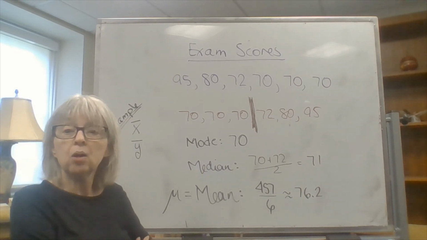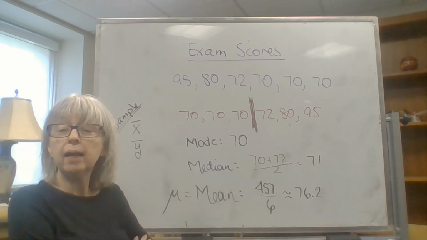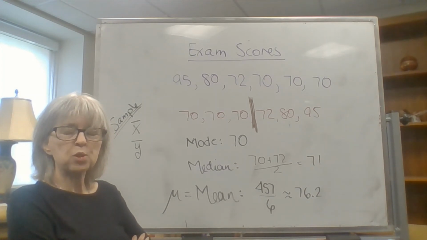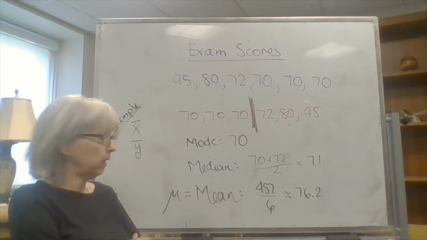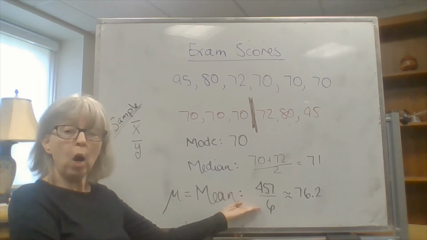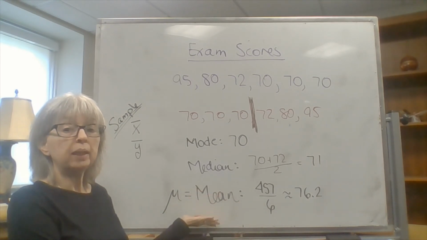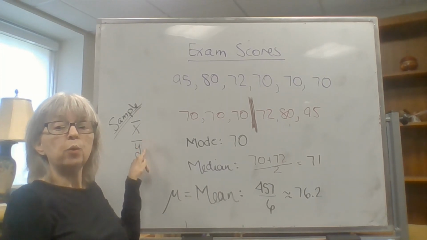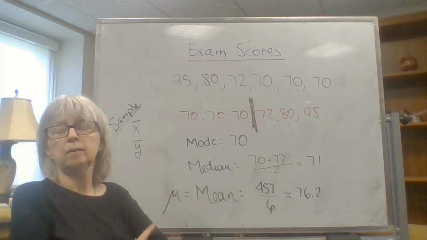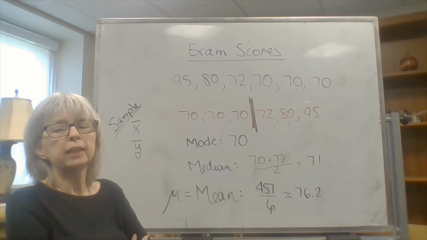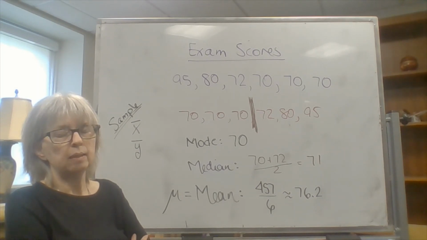You just stick a bar over top of it, a line over top of it, to represent that you have the mean computed in the same way that we did before when we had a population, but you clarify with your notation that you are looking at a sample mean by using a different notation.